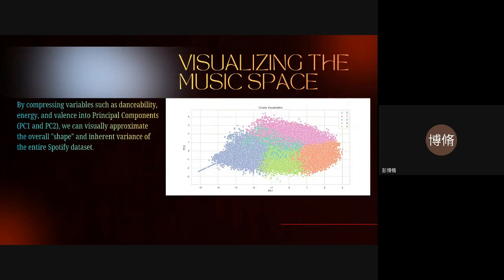But we can see that while the algorithm successfully groups songs with mathematical similarities, the borders are somewhat arbitrary. A single cluster might contain a mix of different genres that just happen to share similar tempos or energy levels.